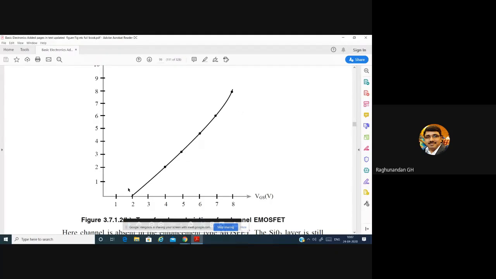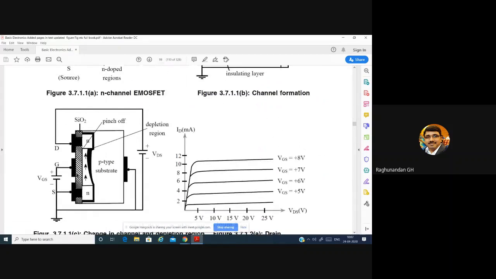Why is it a linearly increasing curve? Because it is the responsibility of the gate to source voltage to create the channel. More and more electrons are getting aggregated here, so more current will flow.